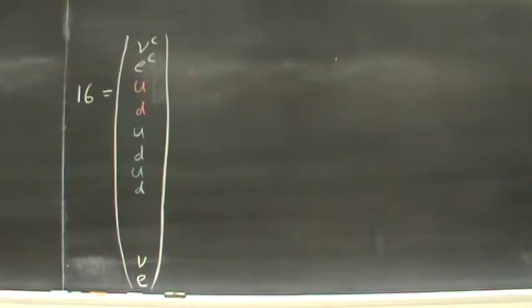Did he say what he was doing, or did he just start writing? You just started writing. Okay, then yeah, he's trying to bring color, so maybe strong, into the electroweak. And so this is going to be one of the ways of doing that. So these are some representations of something.